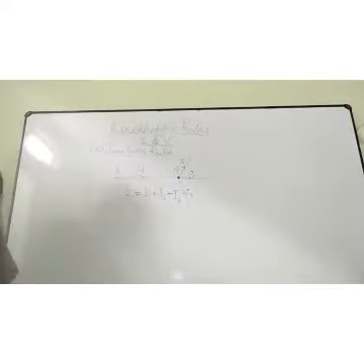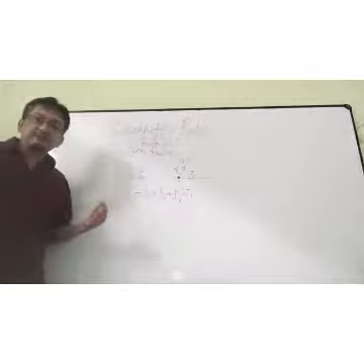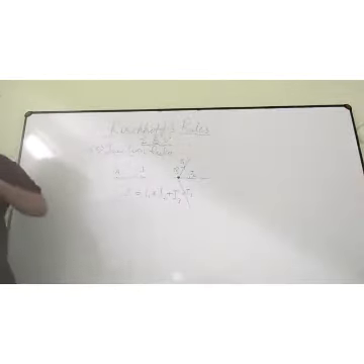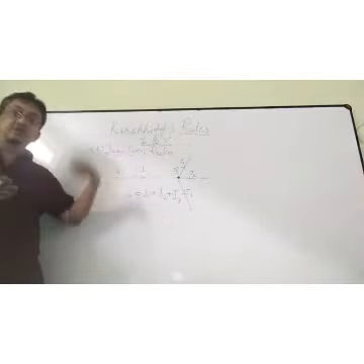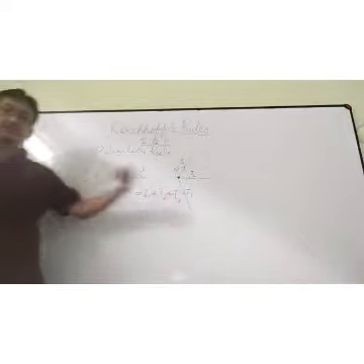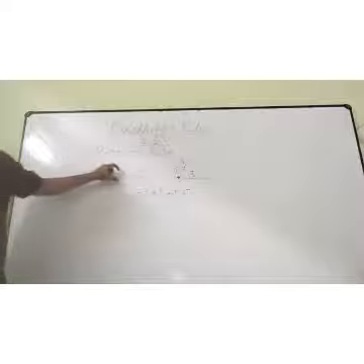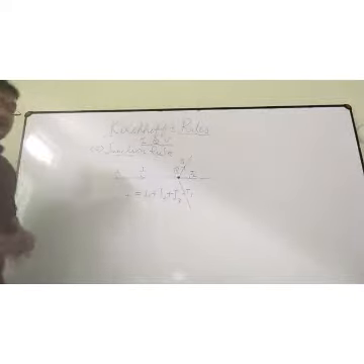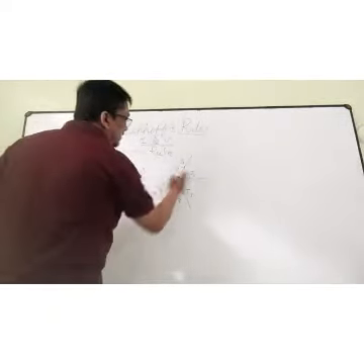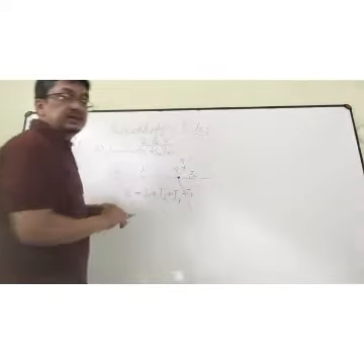Clear? This rule is saying the sum of current entering the junction is equal to the sum of the current leaving the junction. So I am showing this diagram like this. The entering current is I and the leaving currents are I1, I2, I3 at this junction B.